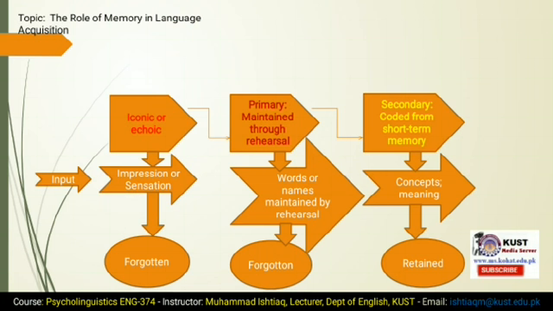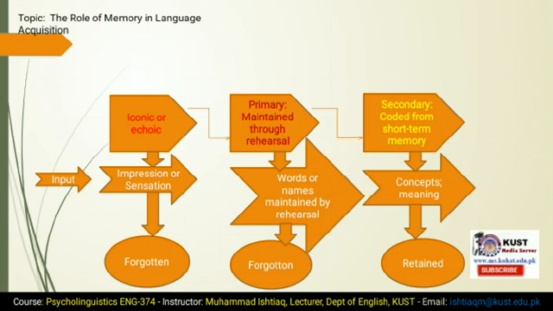So let's summarize it. The three components of memory. The top row depicts three types of memory. The middle row depicts the contents of the memory process, and the bottom row depicts the state of information in the three different types of memory.